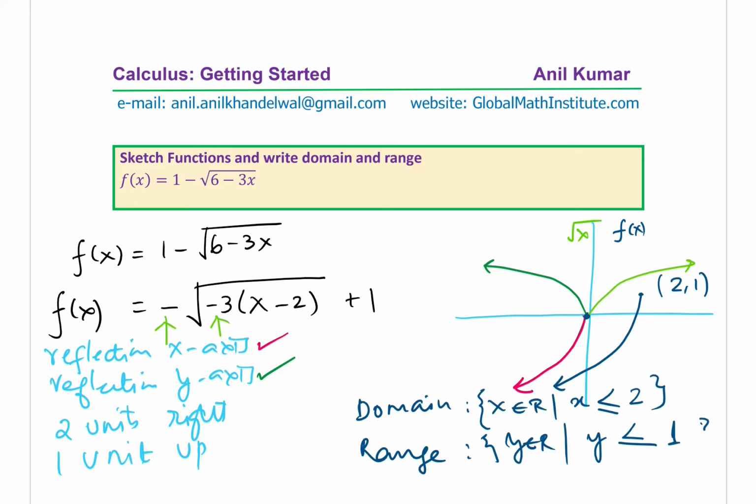So that is how we are going to write domain and range. Clearly this value of 1 is associated with the y value, and once you factor, the other value is associated with the domain. So that is how we are going to answer all these questions.